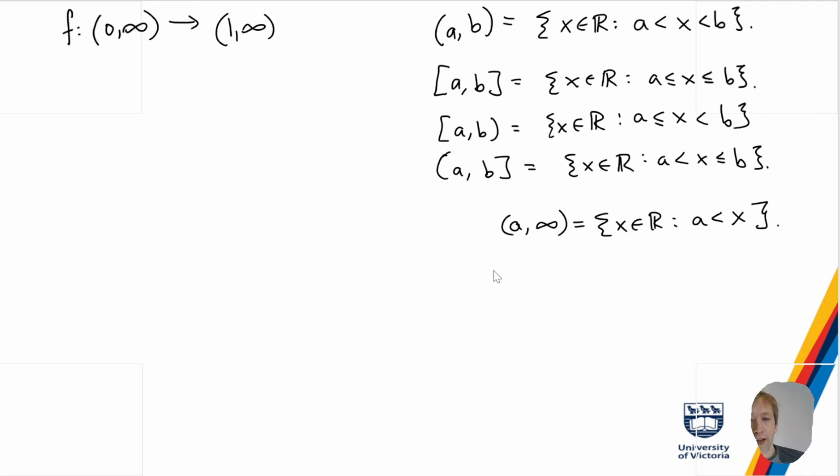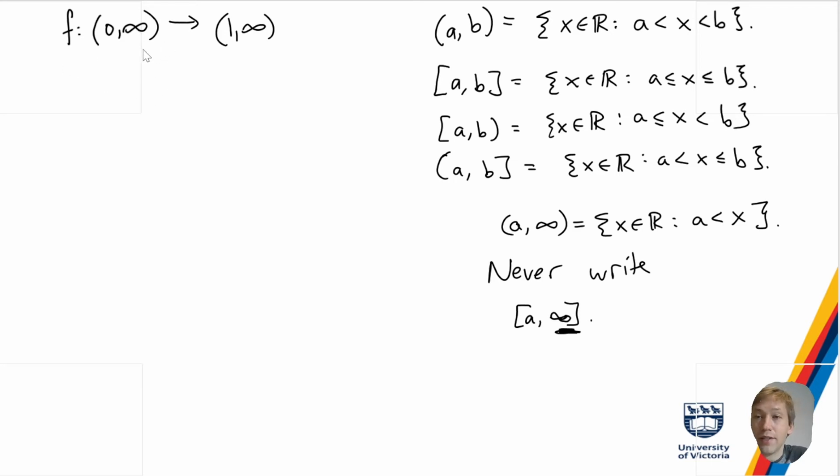By the way, never write something like a to infinity, including infinity. This part doesn't make any sense, because infinity is not a real number, so you can't include infinity in your set. Okay, so back to the example.